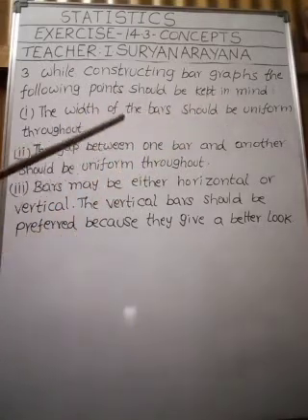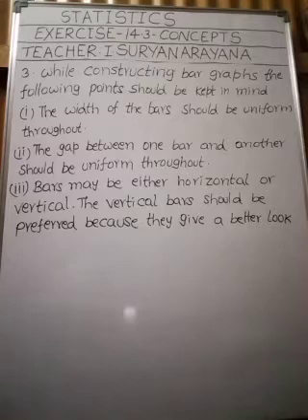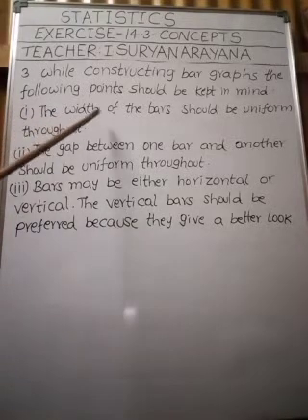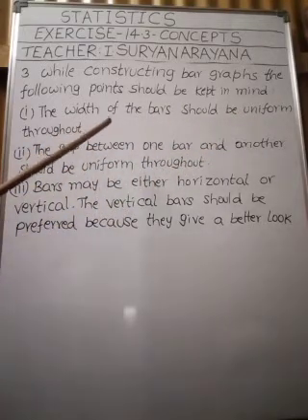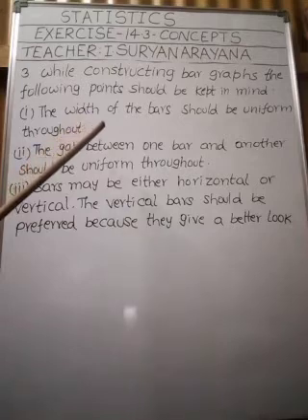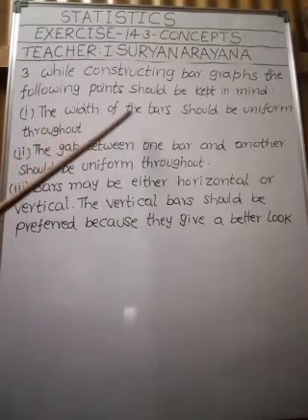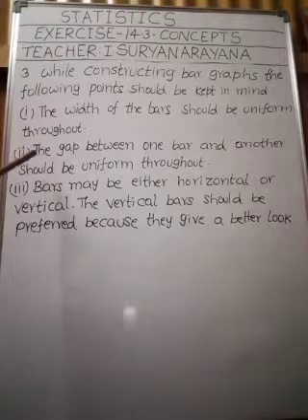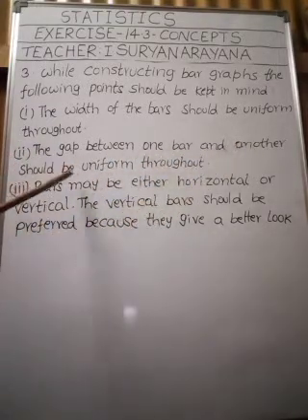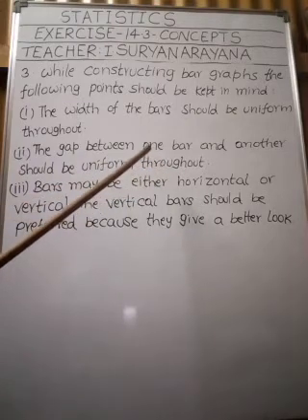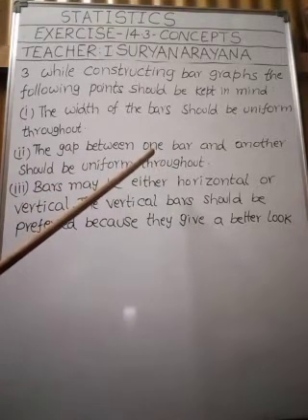First point, the width of the bars should be uniform throughout. Width of the bars should be uniform. And second one, the gap between one bar and another should be uniform throughout. There should be a uniform gap between bars.